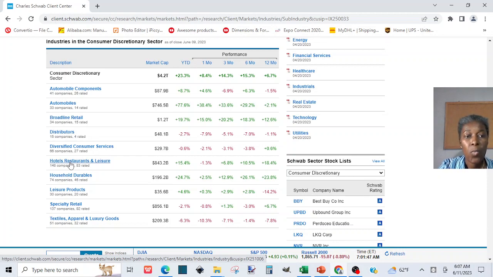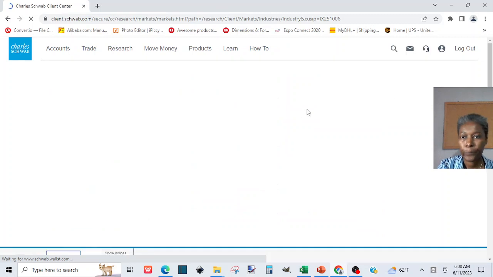In this, we are going to batch research 2 industries and gather dividend stocks from all sub-industries within those 2 industries. So we are done with Diversified Consumer Services, and we are going to analyze the hotels, restaurants, and leisure industry.